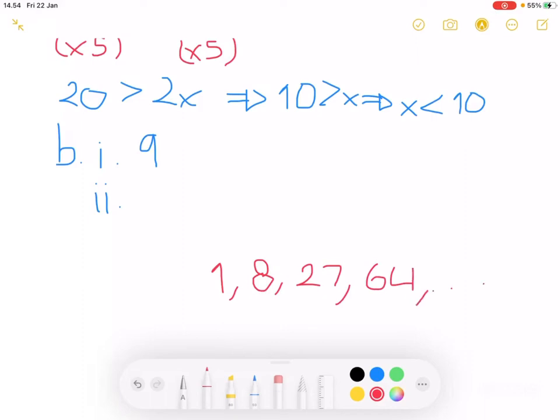And then we can just check if these satisfy this. Notice that 1 satisfies this, 8 satisfies this, 27 does not, and every single one after that does not. However, notice we're going to find the maximum value, and therefore 8 is the answer, since we're looking for the maximum value.